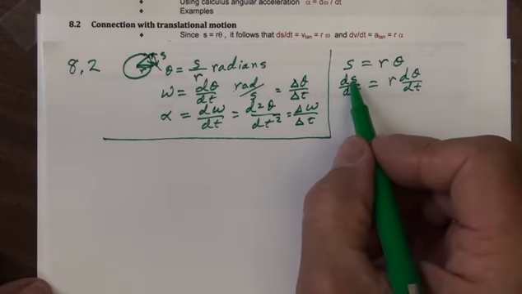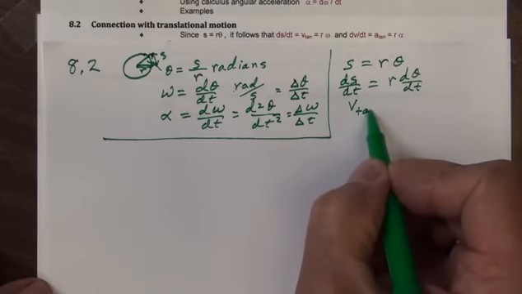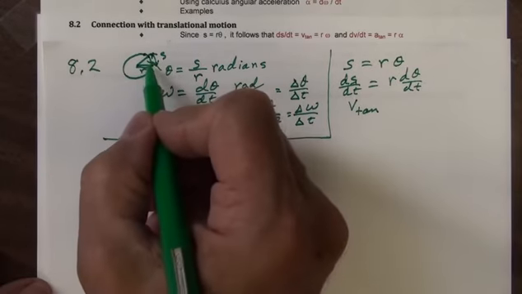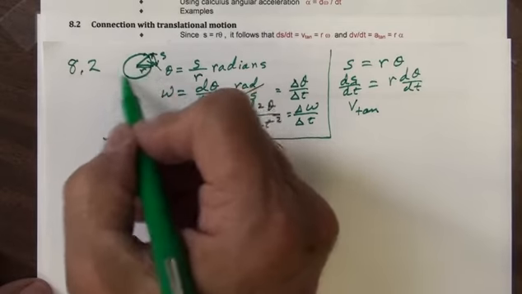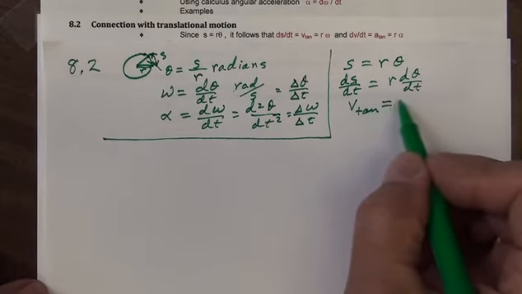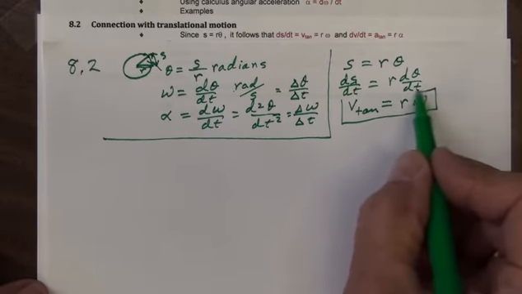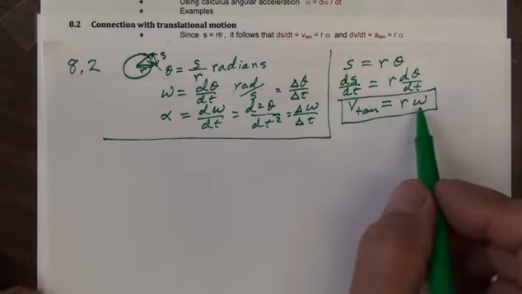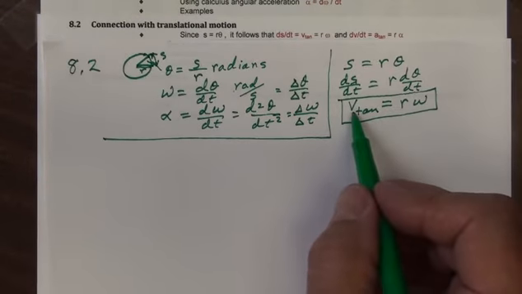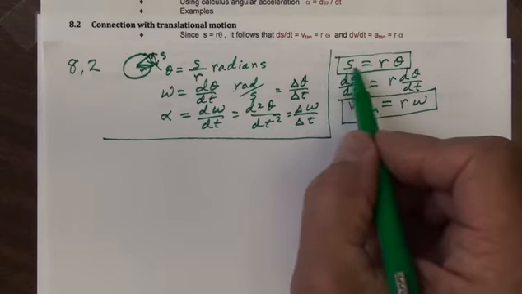And we immediately see this is the tangential velocity. So the velocity tangential, it's a particle like a bug that's riding on this wheel that's spinning. He will feel a velocity, which is R times omega. So now we've been able to relate omega to the velocity, just like we've related theta to a distance.